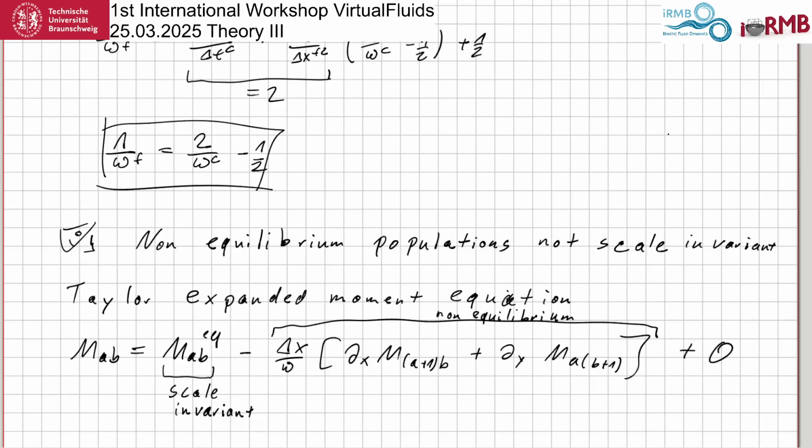And here, because it's a Taylor expansion, we have a remainder of delta t, and now it's actually delta x squared. So this is not scale invariant, I call it scale variant. So it's depending on the scale.